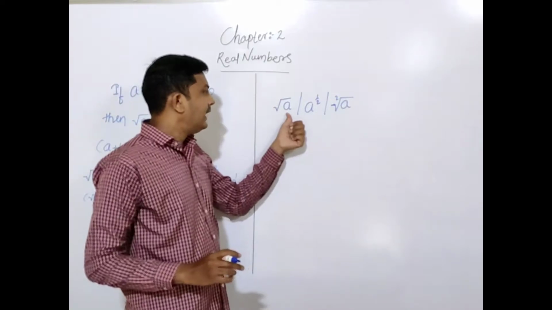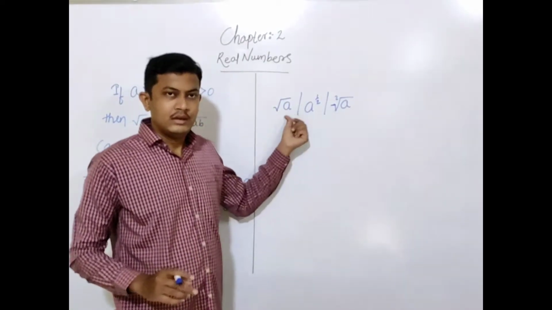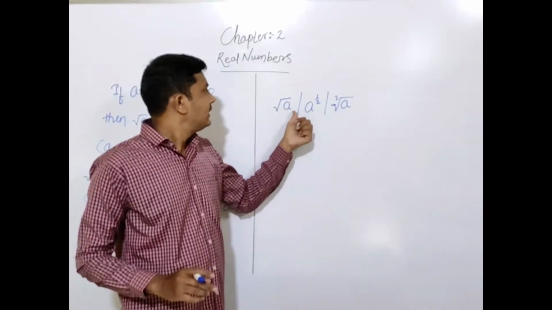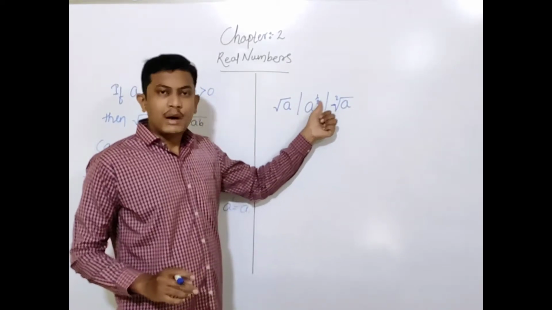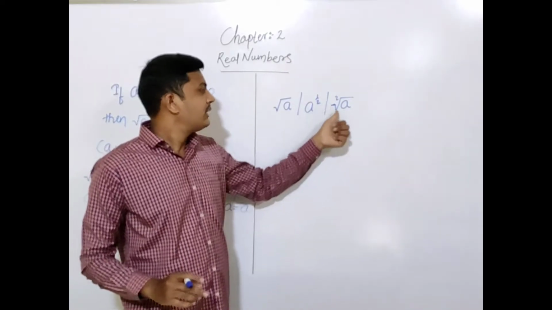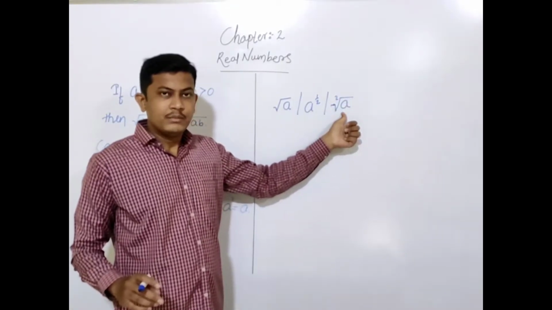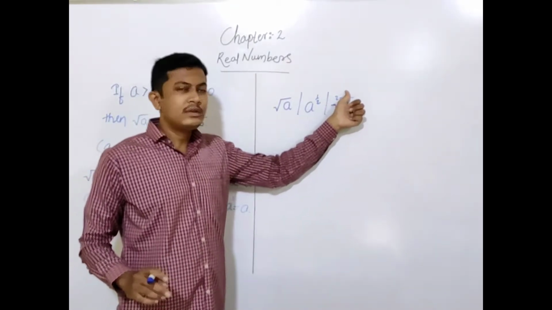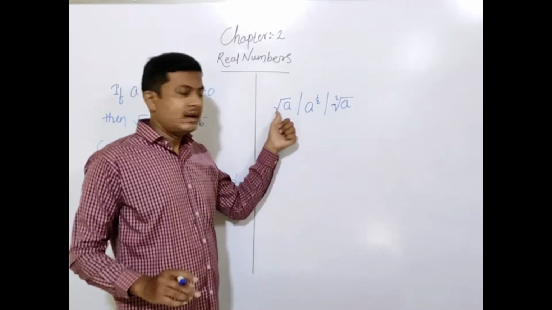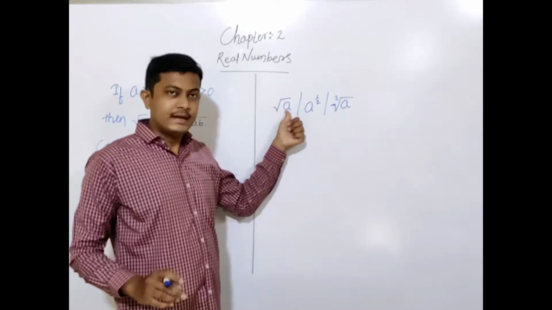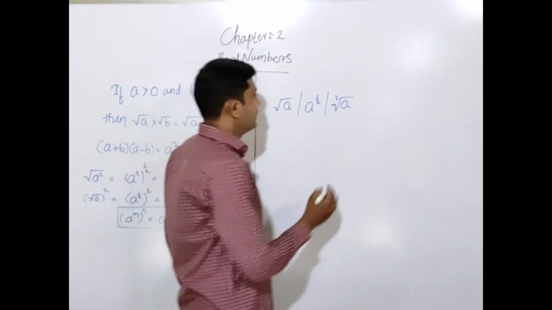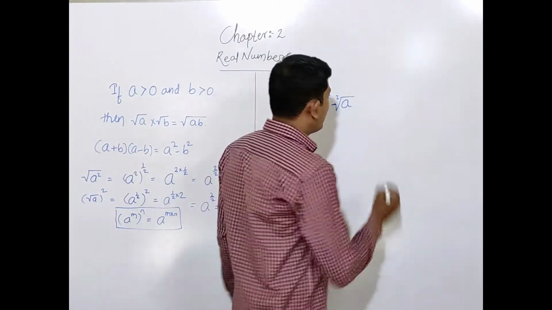Here the symbol is the radical sign, and it is read as square root of a.